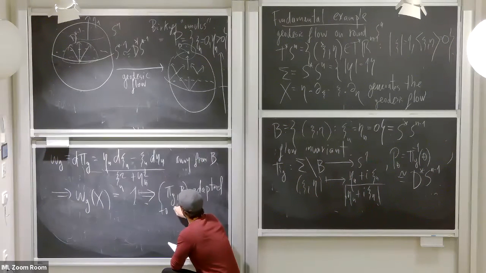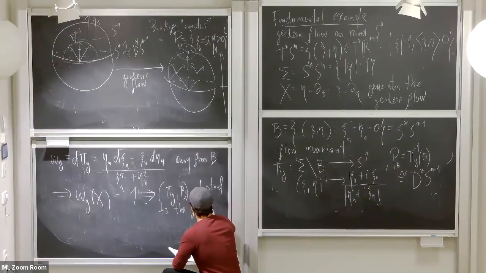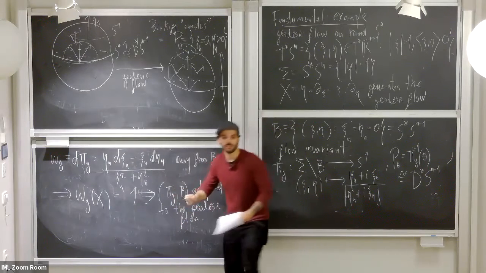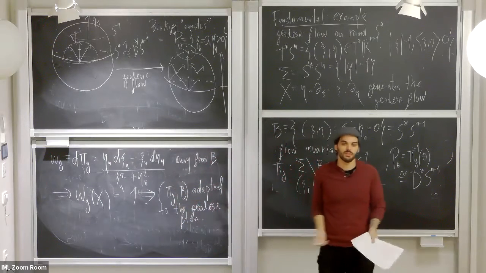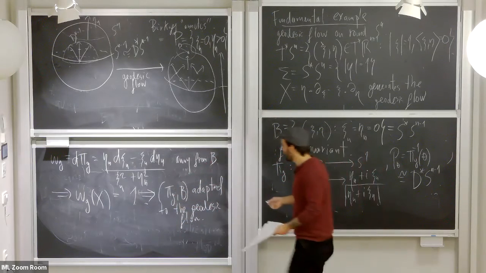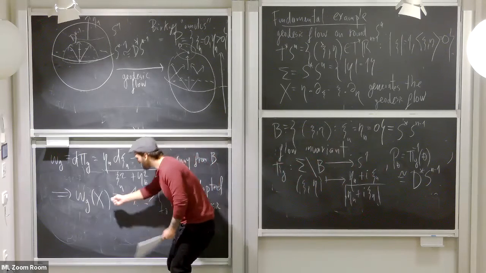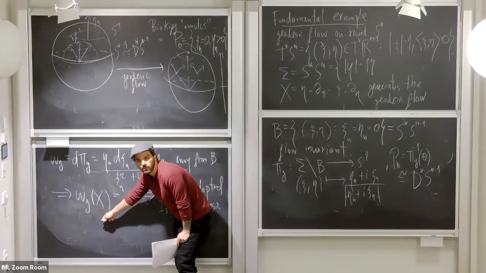It's adapted to the geodesic flow by construction, because I just told you, look at the first page and flow it with the geodesic flow, and then it's obviously adapted. But this is a more formal way to prove it. This just means that the vector field generating the flow is transverse to the page in the interior.